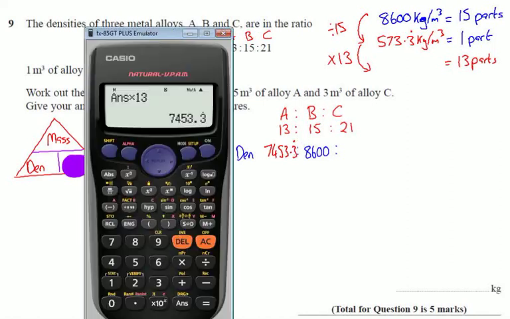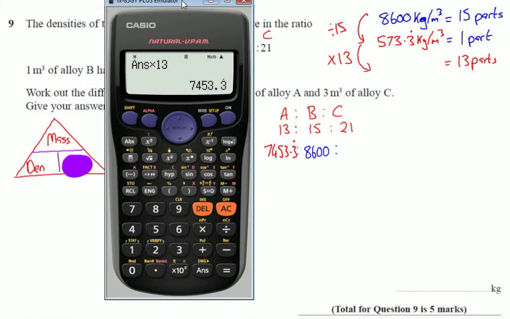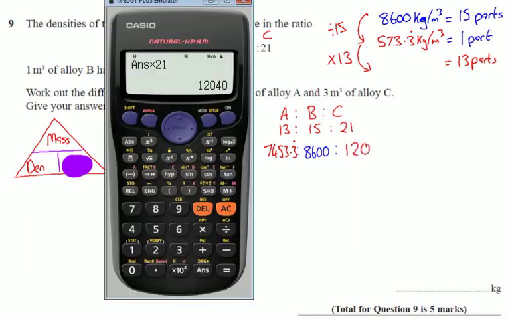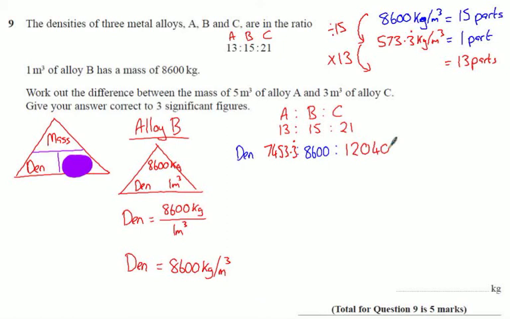And if I do the same thing again, I'm going to divide that by 13 just to get back to where I was, and multiply that by, this time, 21. Gives me 12,040. Okay, so this is for 1 meter cubed. This is quite a question. That is for 1 meter cubed.